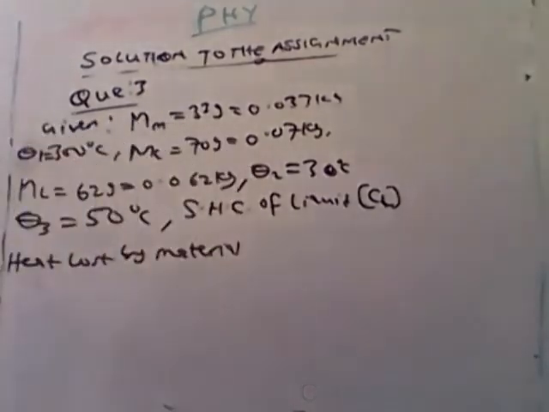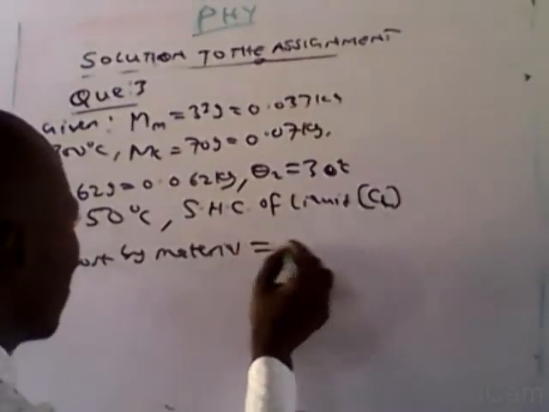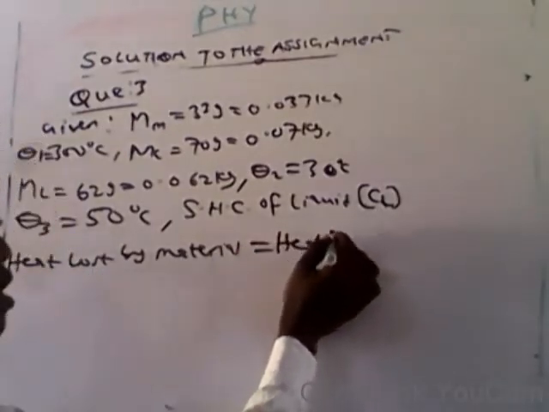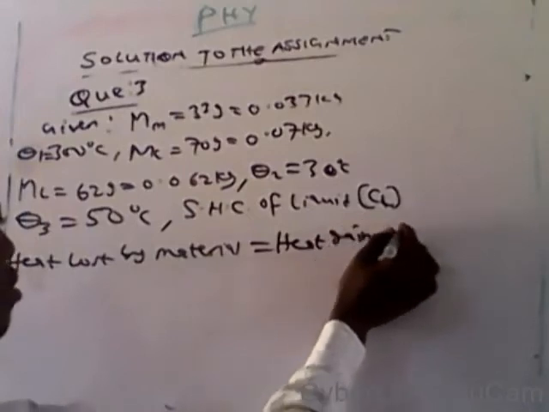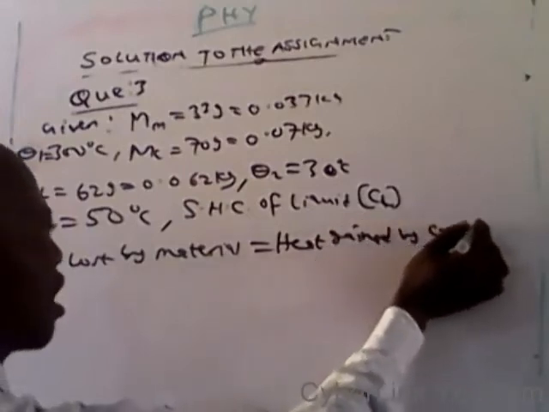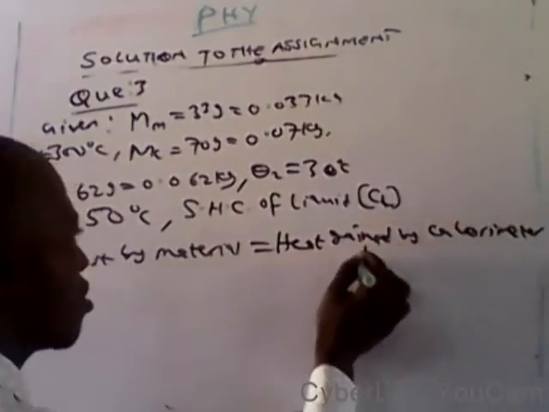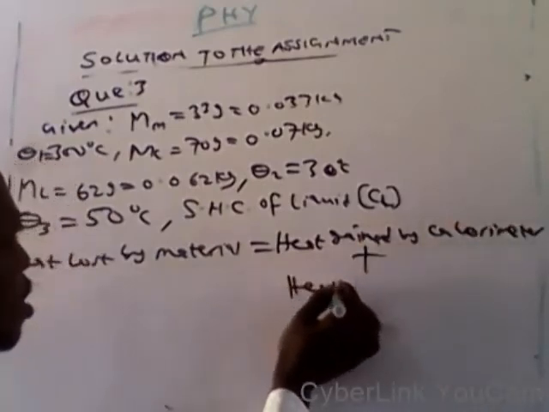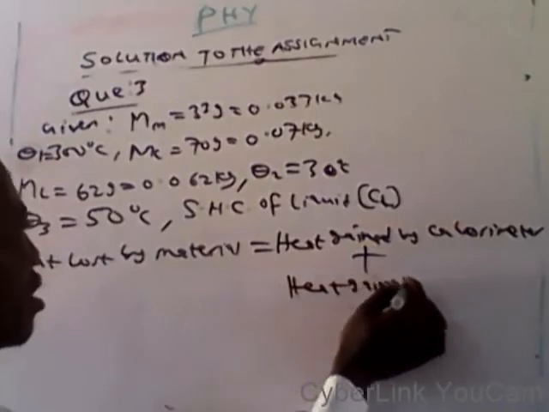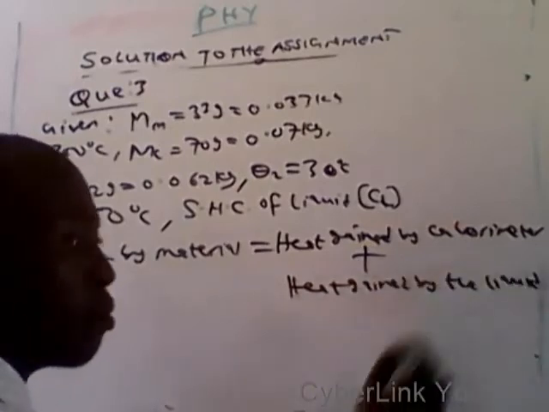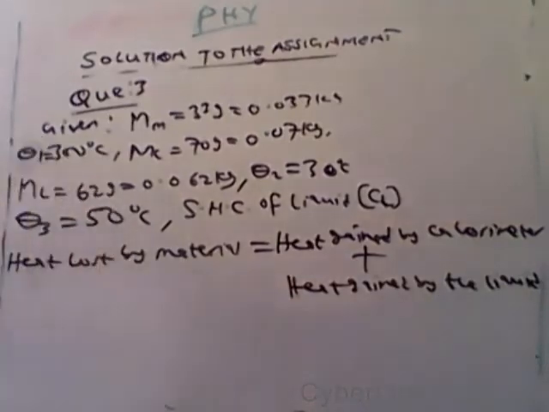So from that principle, I will now have this equal heat gained by calorimeter plus heat gained by the liquid.